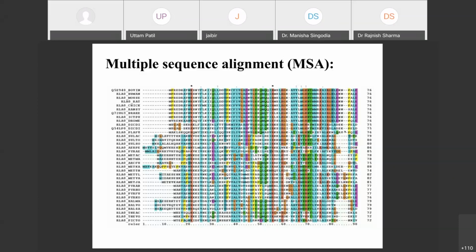So all this information can be deduced from the multiple sequence alignment, and therefore it is one of the most important tools in bioinformatic analysis of the protein structures.